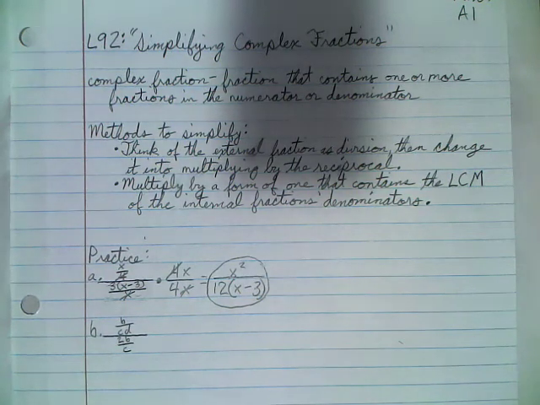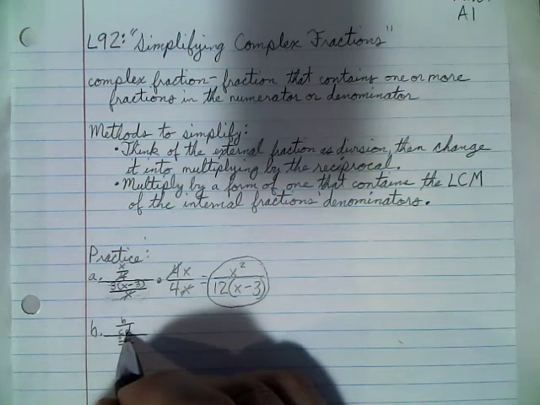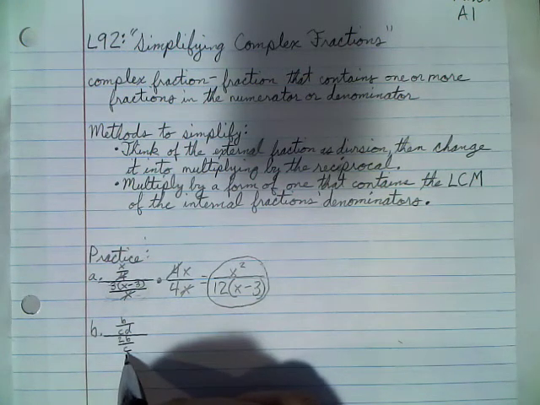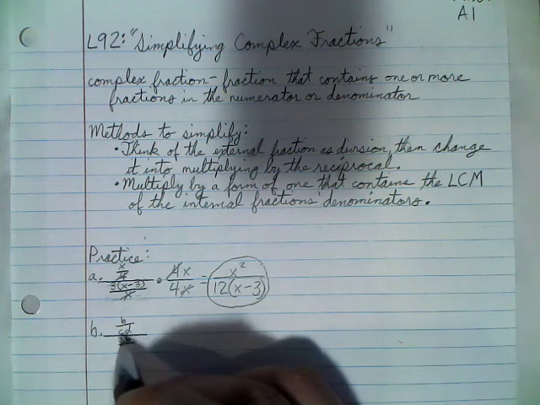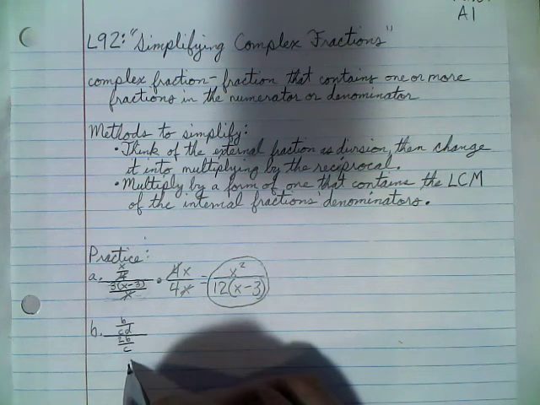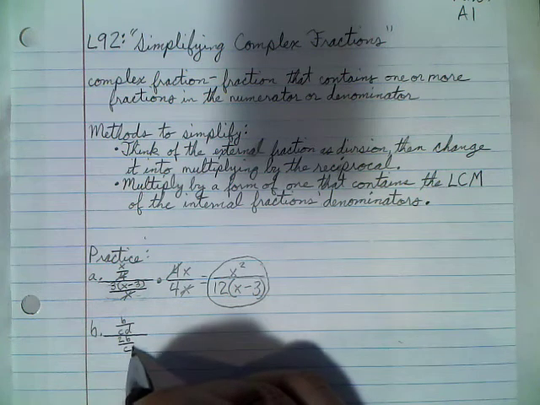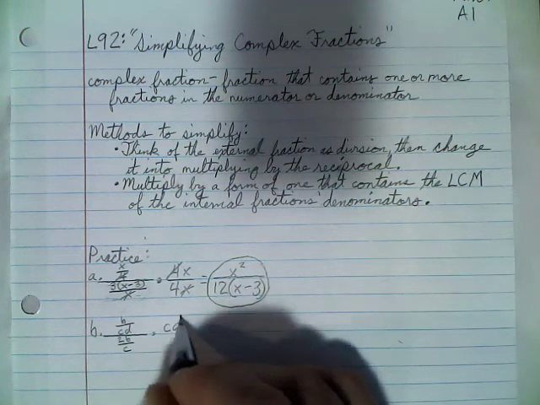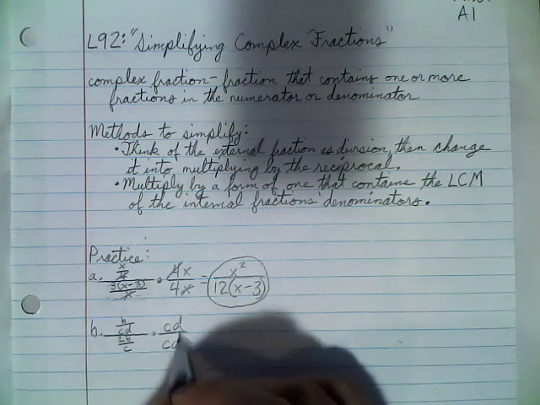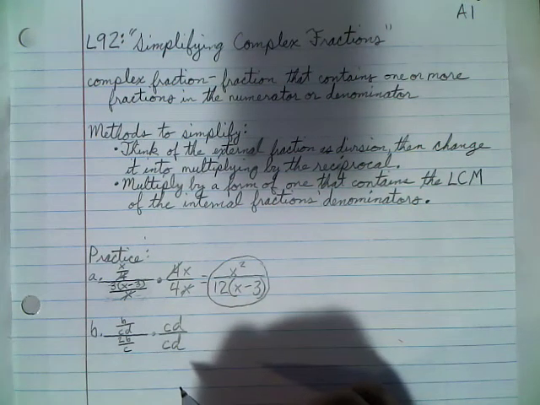That is kind of my preferred method, personally. So with a denominator of cd and a denominator of c, they both have c's in them. So common denominator would just be cd. If this just had a d in, they'd be the same. So I'm going to multiply by cd. That's my least common multiple on both of those.